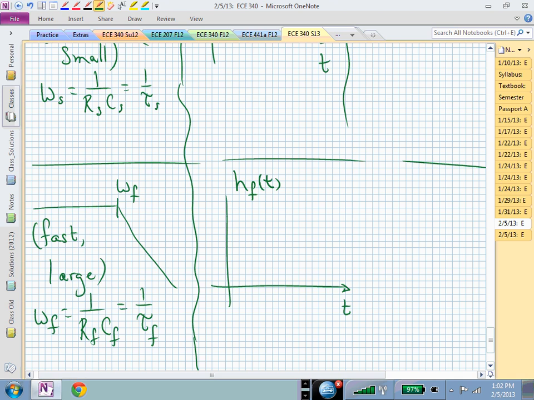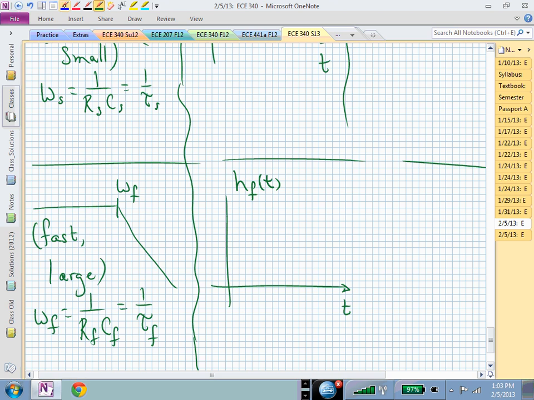This is small. So if this is small, when we divide it into 1, it's going to be much higher, isn't it? So our y-intercept is much higher here when it's 1 over tau sub f than what it was in the slower system.